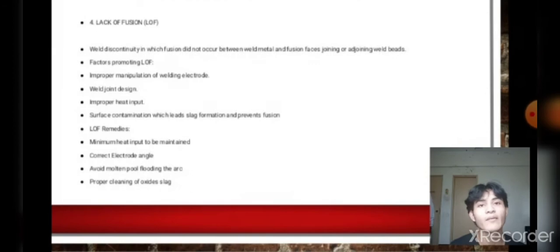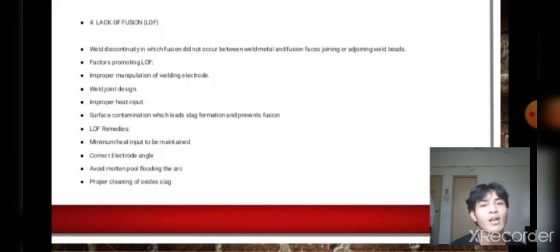These are images of inadequate penetration due to high-low and inadequate penetration of the weld groove. Fourth, LOF, lack of fusion. A weld discontinuity in which fusion did not occur between weld metal and fusion faces or adjoining weld beads.